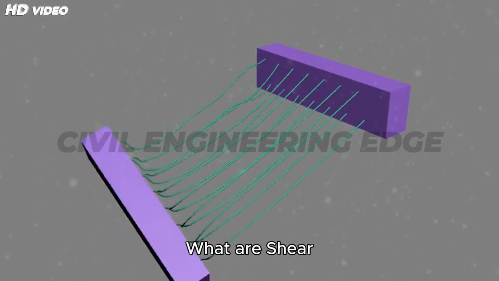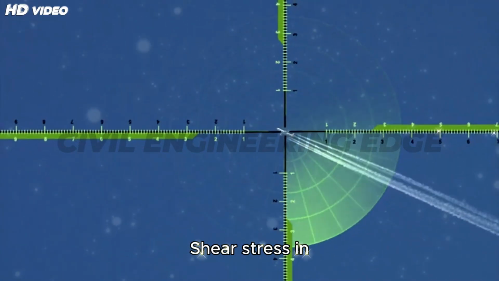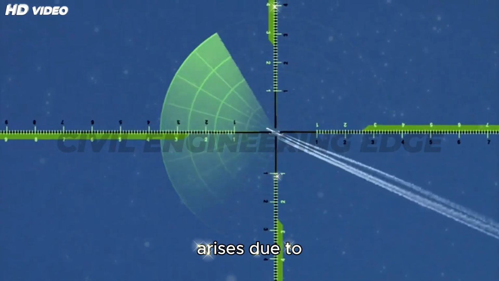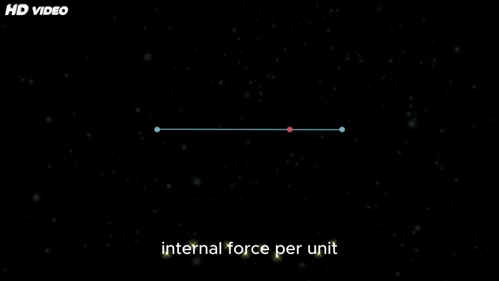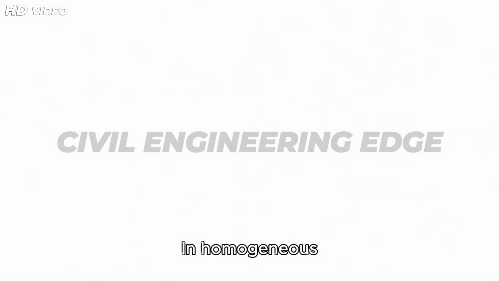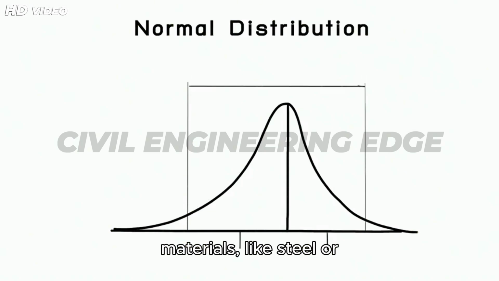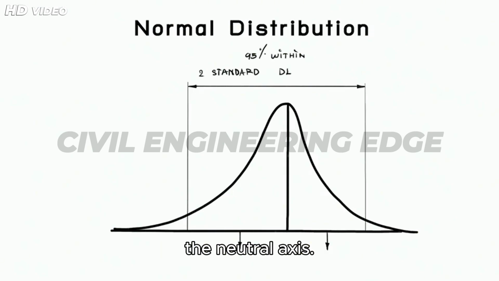What are shear stresses in homogeneous beams? Shear stress in homogeneous beams arises due to transverse loads acting perpendicular to the beam axis. It is defined as the internal force per unit area acting parallel to the cross-section. In homogeneous materials like steel or plain concrete, the distribution of shear stress is parabolic, zero at the top and bottom surfaces and maximum at the neutral axis.